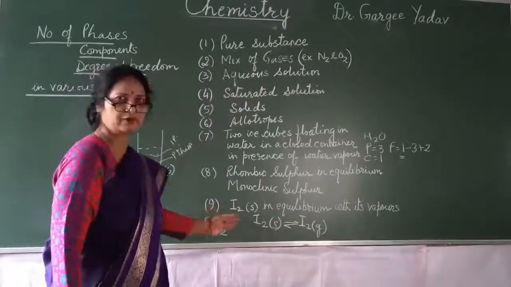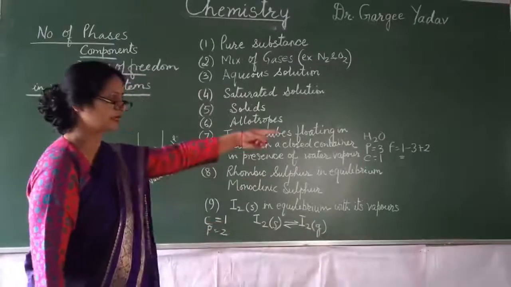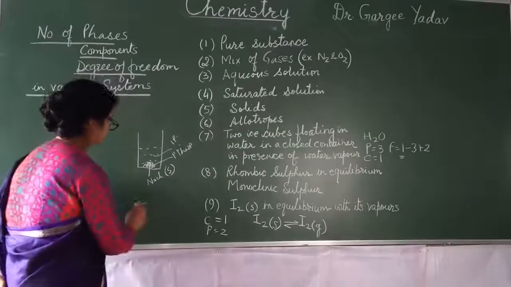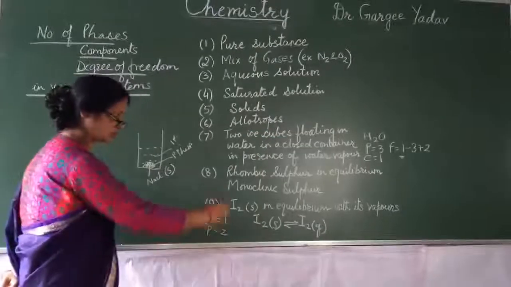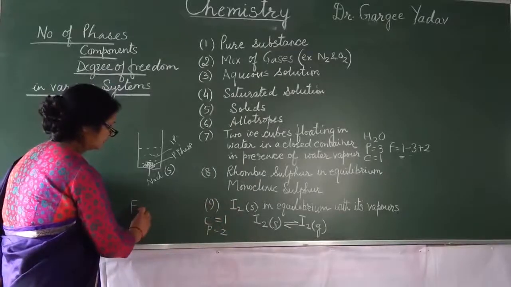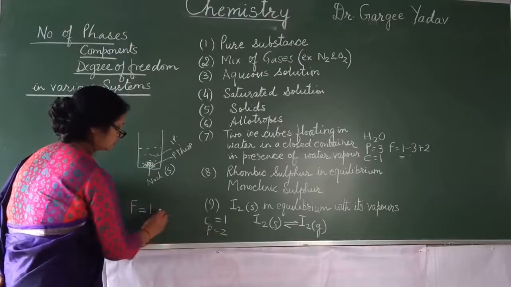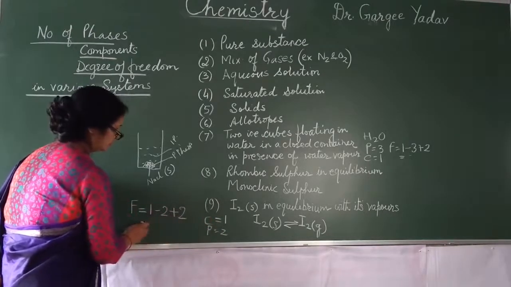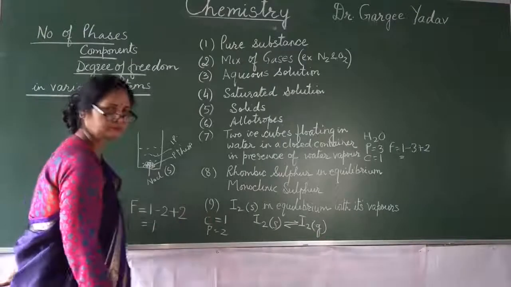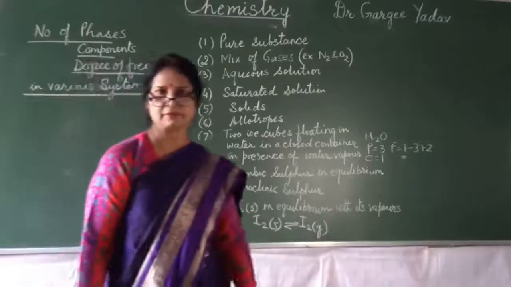So component will be 1 and the number of phases will be 2, and if we calculate the degree of freedom from the Gibbs phase rule equation when the system is in equilibrium, then F will be equal to C, that is 1, minus P, that is 2, plus 2, and that comes out to be 1. Okay? So degree of freedom will be 1.